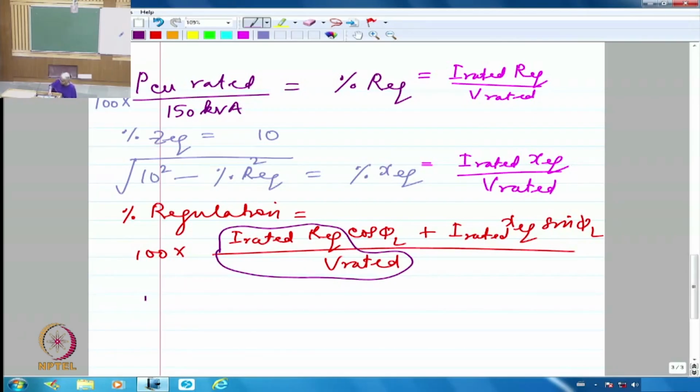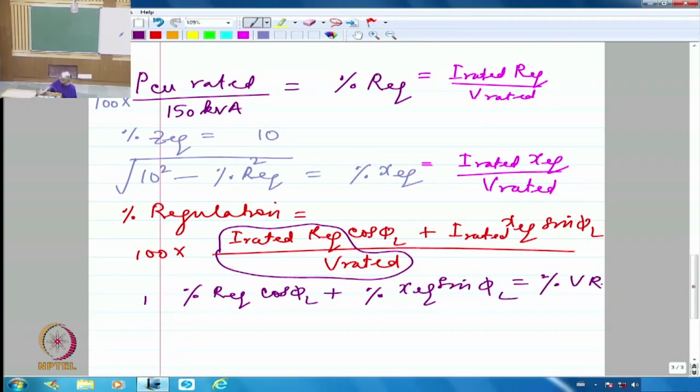So I can write directly percentage R equivalent multiplied by cos phi L plus percentage X equivalent multiplied by sin phi L equal to percentage voltage regulation. That's it.